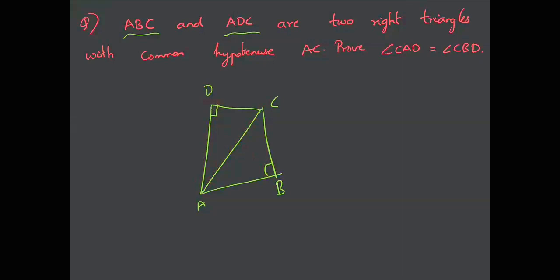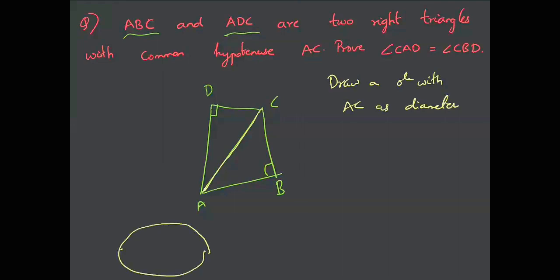Okay. So try to observe if there is any circle forming in this figure. So if I draw a circle with AC as diameter, okay, I mean, if there are 2 points, then you can draw a circle with these 2 points as diameter, right? Because the center of the circle will be the midpoint and the radius is half of the distance.